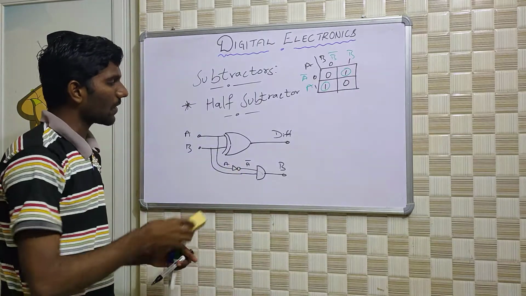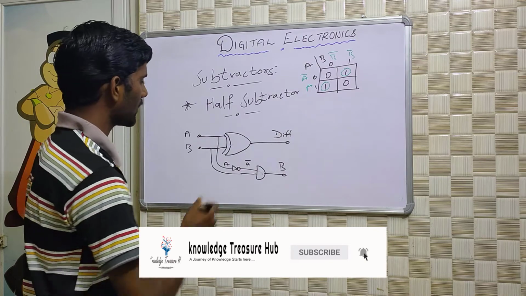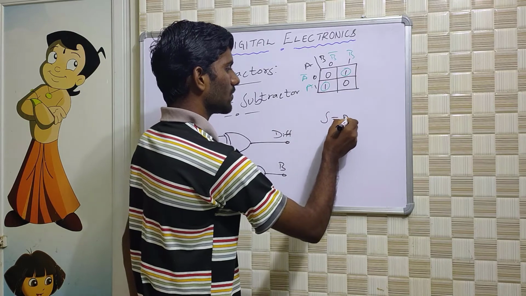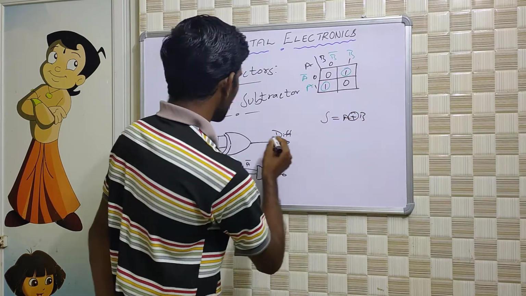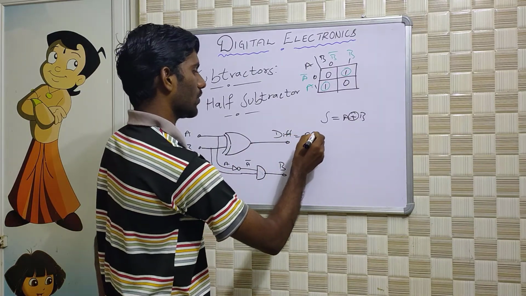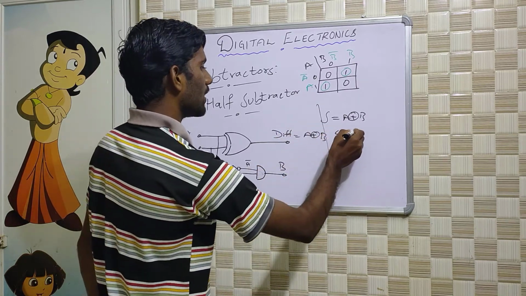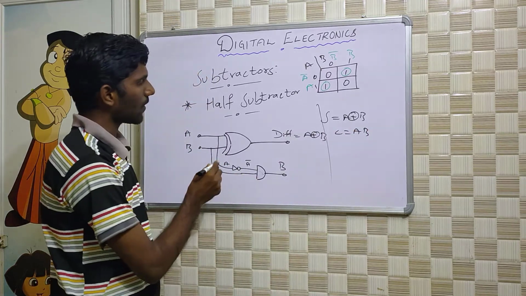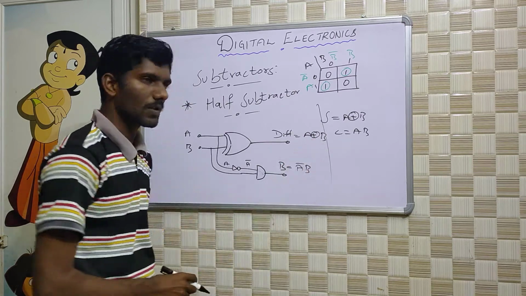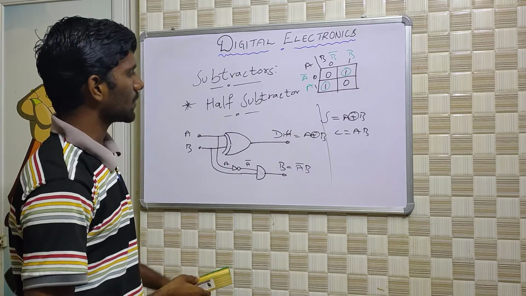What is the difference between a half adder and a half subtractor? In the half adder, the sum is equal to A exclusive OR B. In the case of the half subtractor, the difference is also equal to A exclusive OR B. But in the half adder, the carry will be A and B, whereas in the half subtractor, the borrow will be A bar B. So this is the only difference between the half adder and the half subtractor.